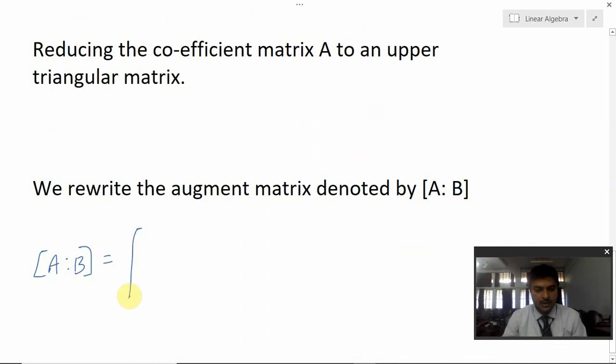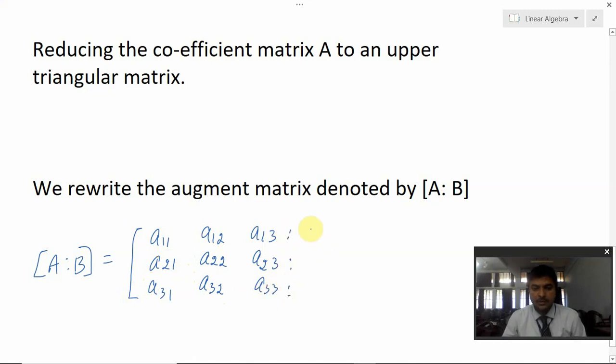So already we have seen A has elements A11, A12, A13, then A21, A22, A23 and we have A31, A32, A33 and we have dot B, B1, B2, B3, and this is known as the augmented matrix.